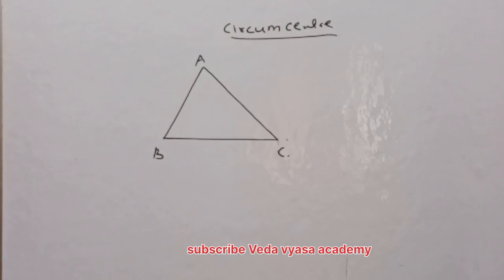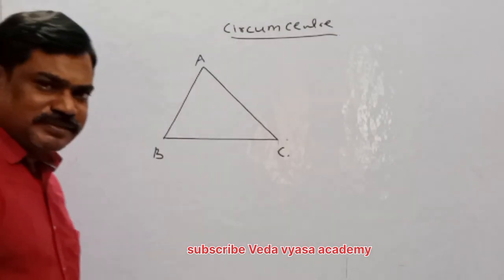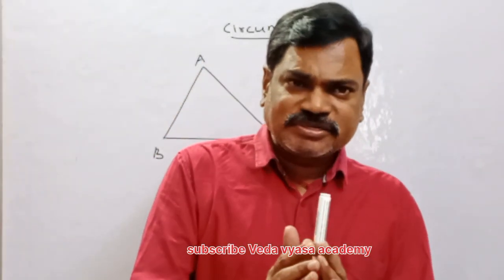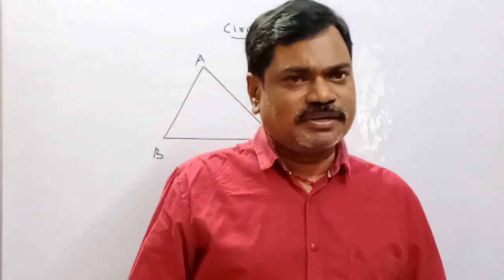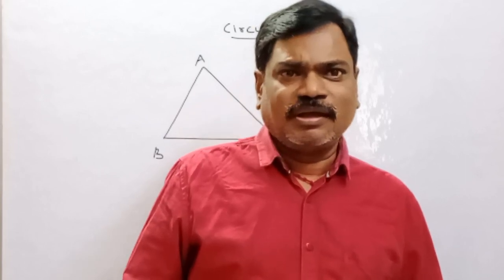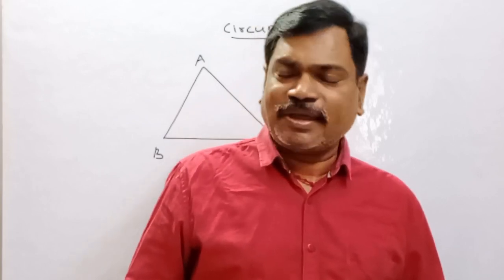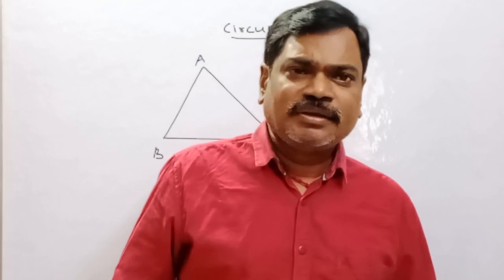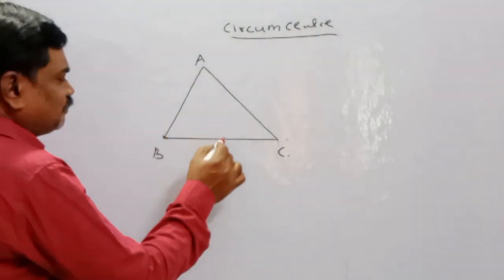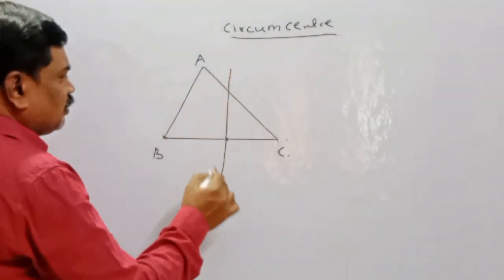Next, now we discuss the circumcenter of the triangle. How to find the circumcenter? Circumcenter means the triangle is inside the circle, the circle passes outside the triangle. That is the circumcenter. Perpendicular bisectors of a triangle are concurrent.